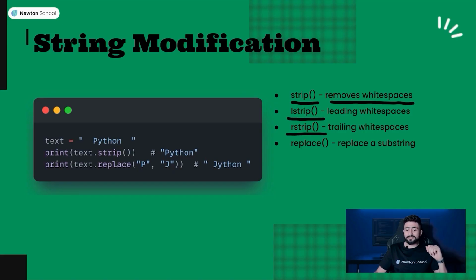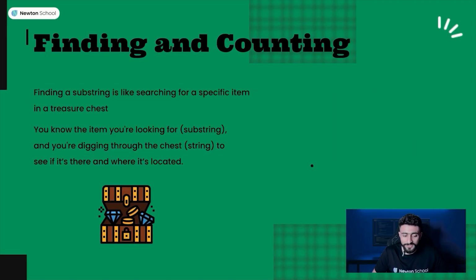And rstrip means it will remove all the ending white spaces, the trailing white spaces. Now replace is an important one because you want to replace some part of the string with something. So if you see text.replace("P", "J"), you are asking to replace the P with J, so it will become "Jython". P is replaced with J, right? So these are all the methods for string modification.